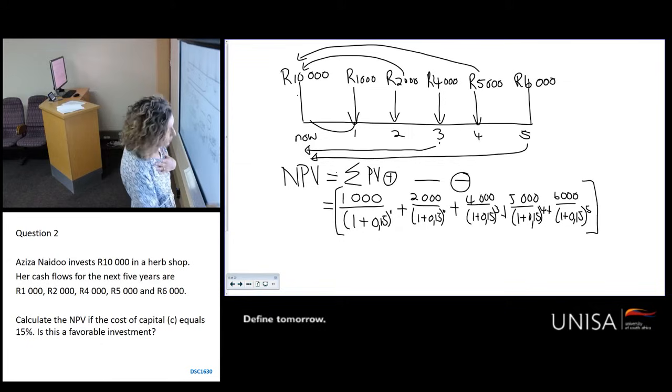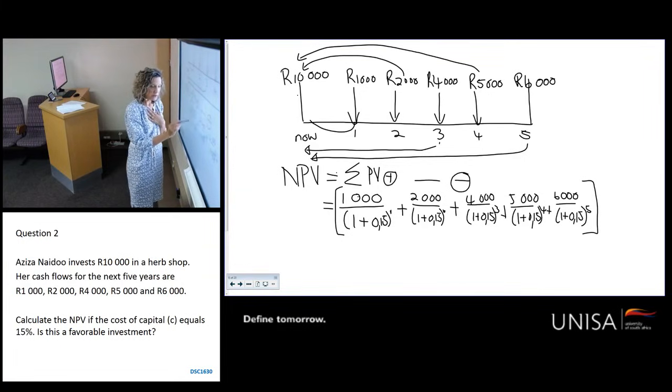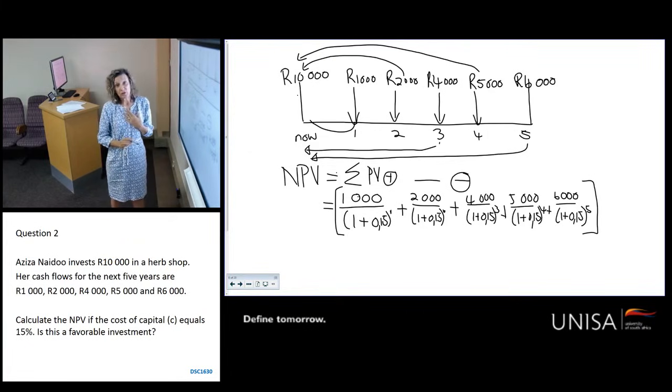Right. Now you can calculate using either the financial mode of your calculator using compound interest, get the answer, and add it to the rest of it, right? Or you can calculate them using the normal mode. So remember to use your memory key if you've got many things that you want to add together.